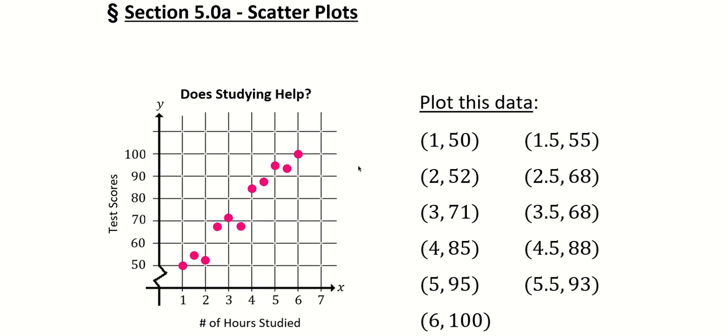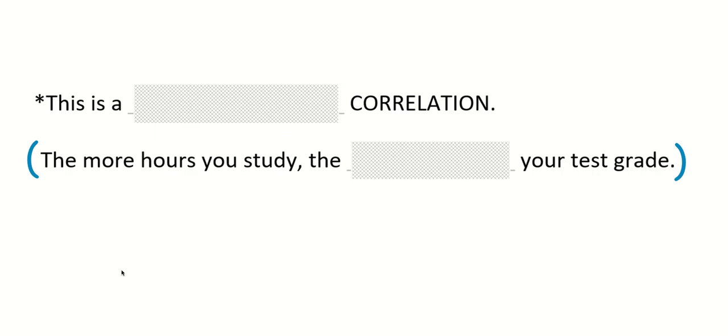These points are certainly not all collinear, but they're doing their best to make a line, so it seems like there's some kind of relationship, some kind of trend, some kind of mathematical thing going on with the number of hours studied and the test scores.